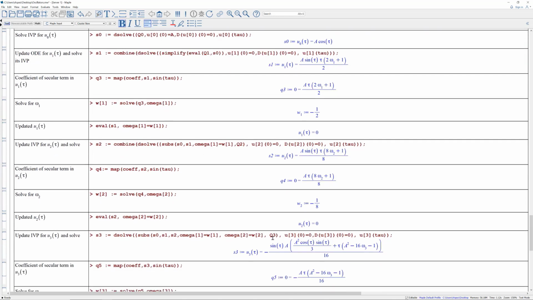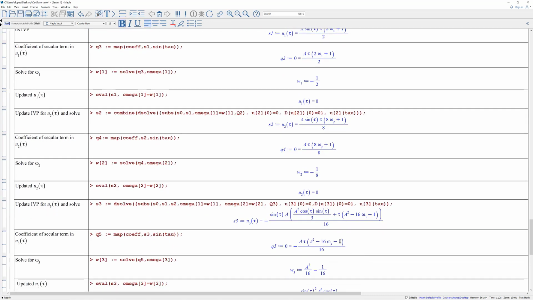So you put all of that into the third powers equation and do a dsolve. And here's your solution. And you look in here and you say, oh, this sine times this tau is going to be a secular term. So let's pick out the coefficient of sine tau, and you get A tau and this stuff.